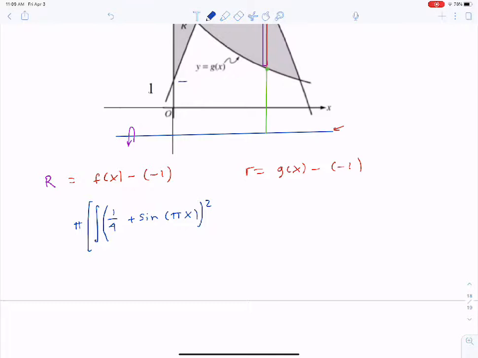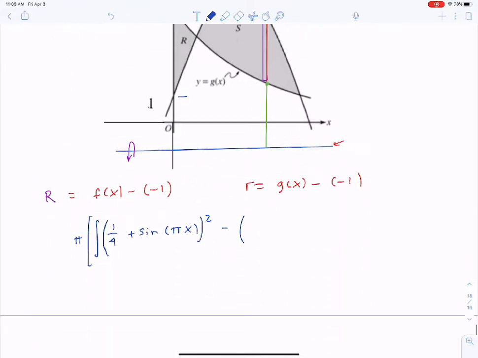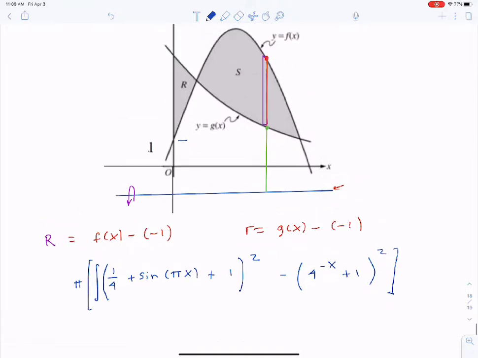And then from that, I'm going to subtract little r, which is 4 to the negative x plus 1. Oops, I forgot my plus 1. I see it. Squared. Let me fix that on the other one. And then we are going to be integrating this from a to 1.